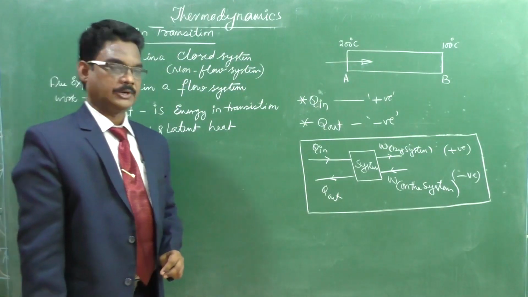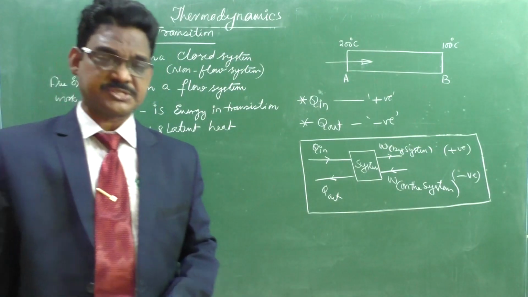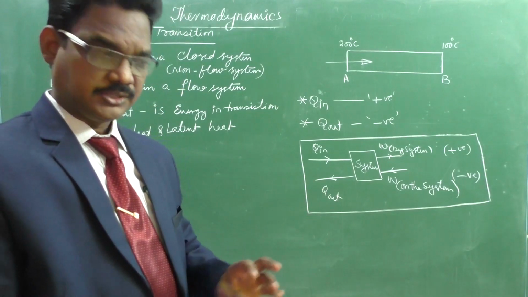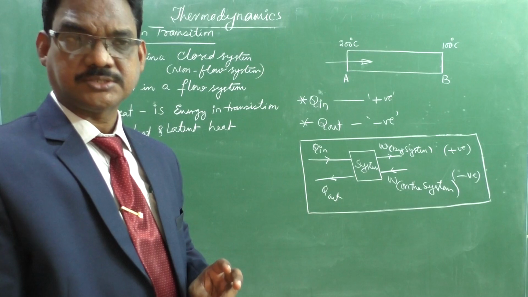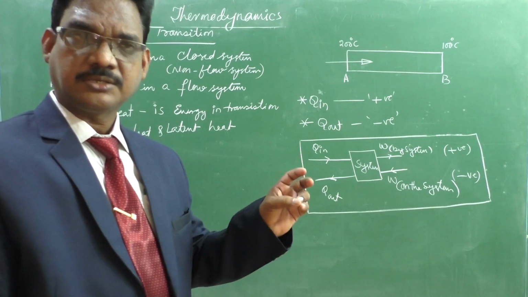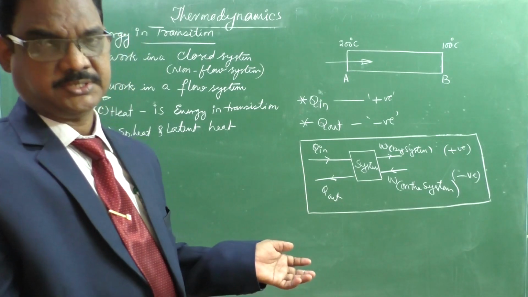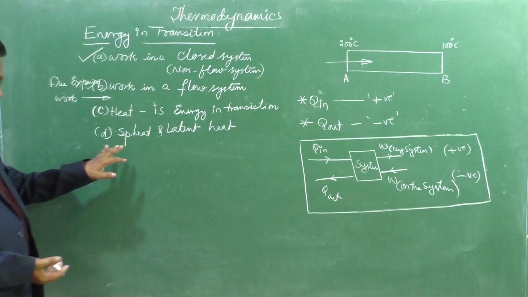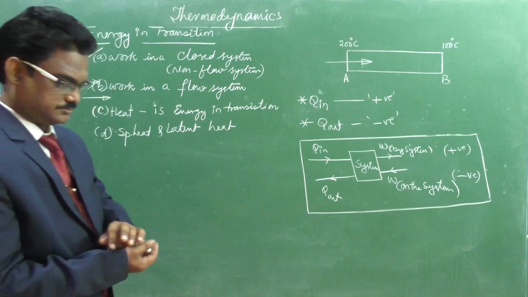We saw work is energy in transition, heat is energy in transition, work and heat are boundary phenomena. Now we go for the specific heat and latent heat.